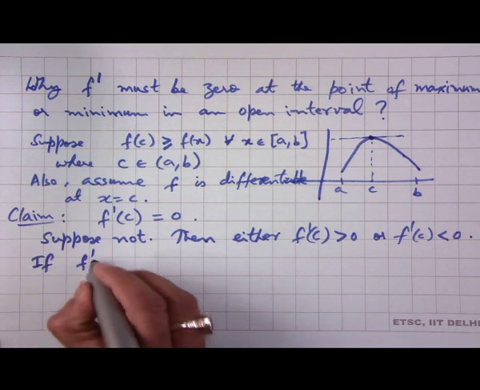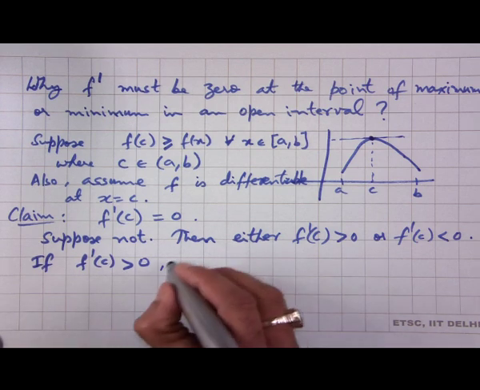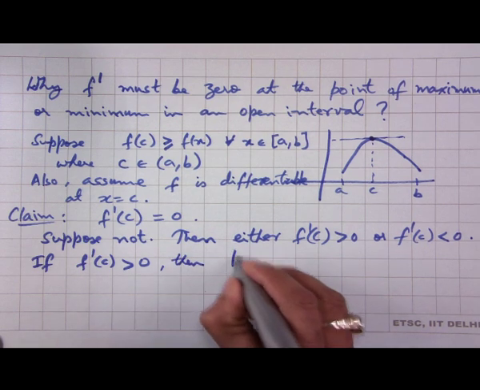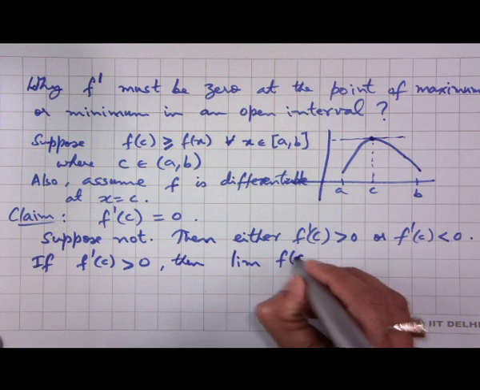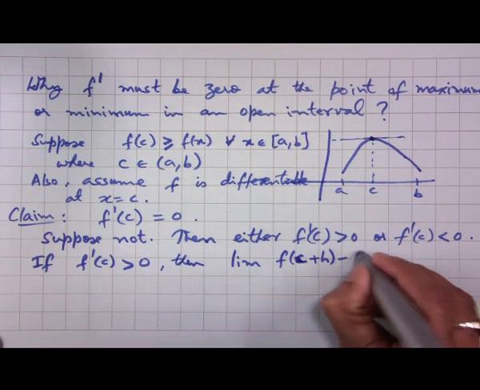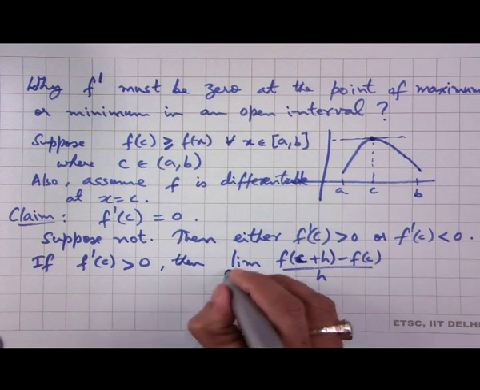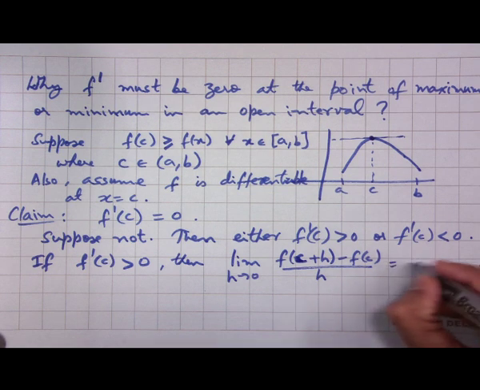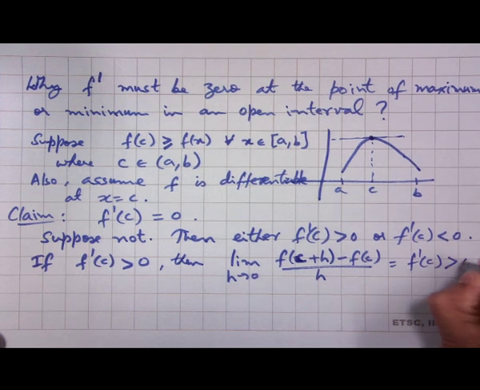If f prime c is greater than 0, then the limit of f of c plus h minus f of c, divided by h, is equal to f prime c, which we are assuming is greater than 0.